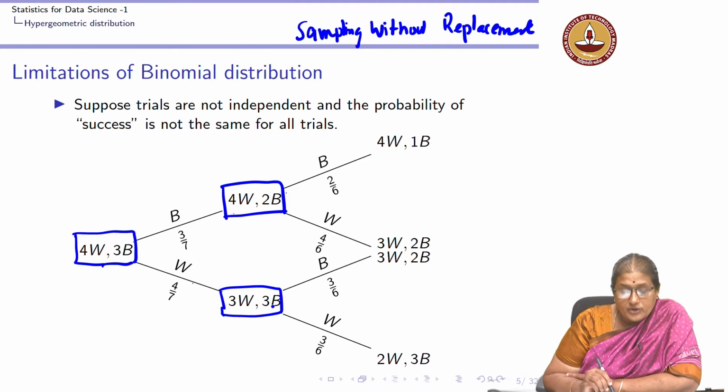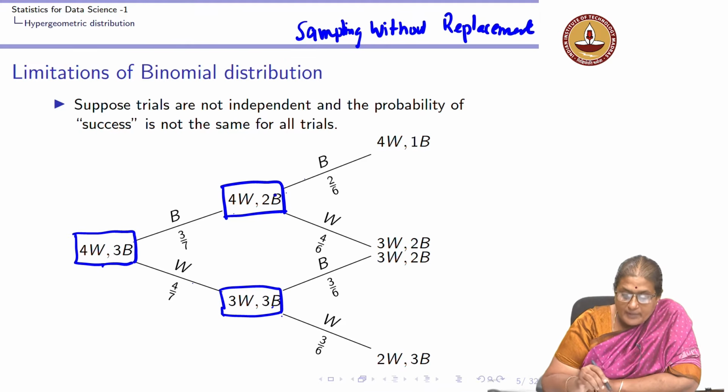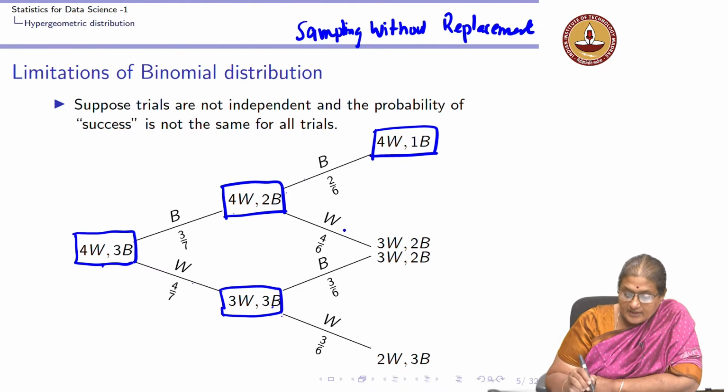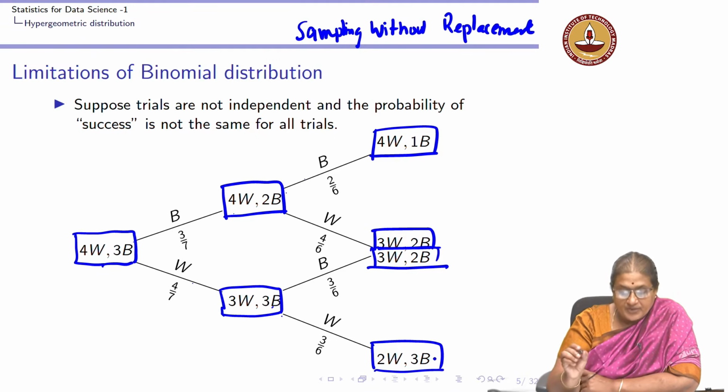The chance of me drawing a black ball is 3 out of 6, whereas the chance of me drawing a white ball is 3 out of 6. So you can see that if I draw a black ball, I have only one black ball remaining and 4 white balls. Here I have 3 white balls and 2 black balls. Here I have again 3 white and 2 black, and here I have 2 white and 3 black balls remaining.